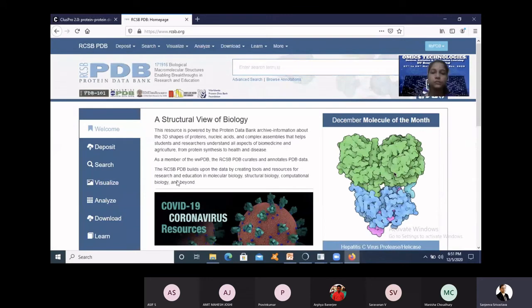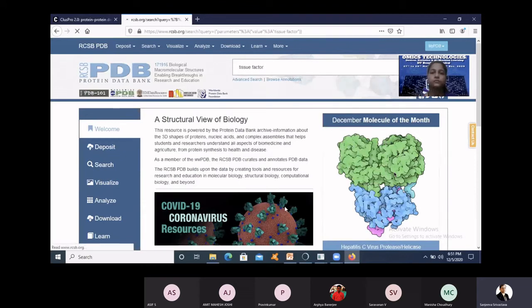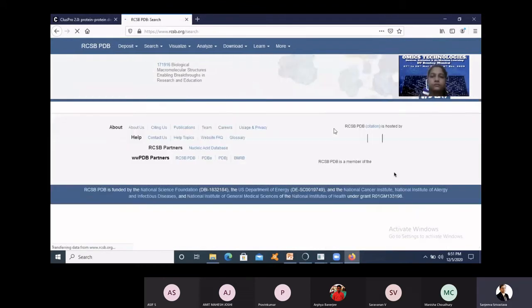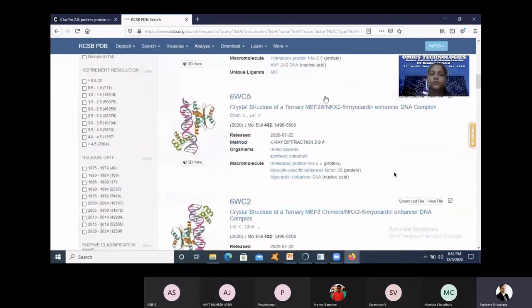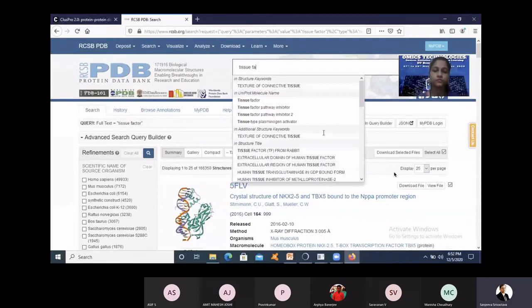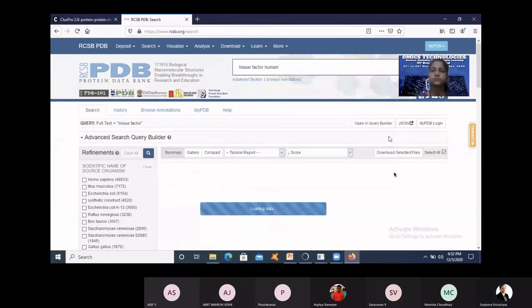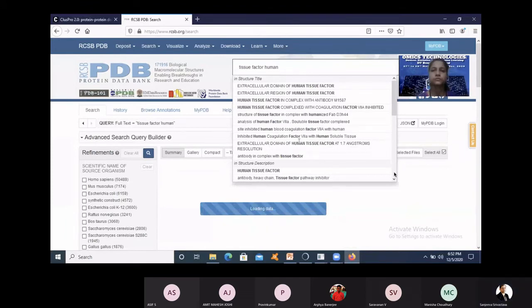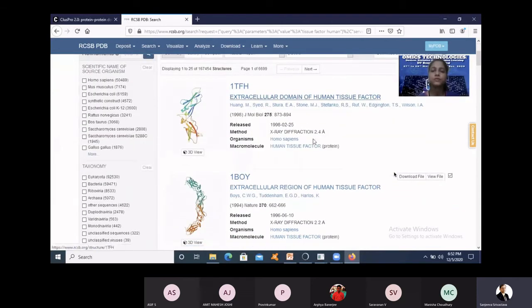Here, if we put in tissue factor, human, you can see that several structures are present. This is the extracellular domain of human tissue factor.